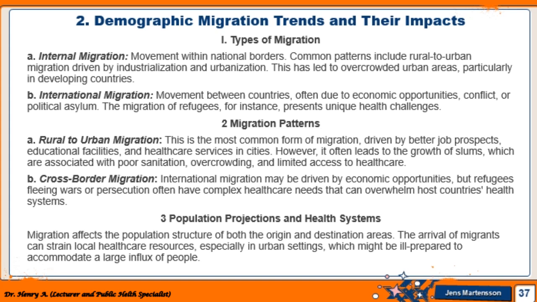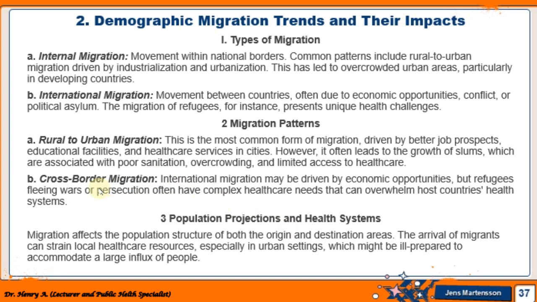So, in making a population projection and health system, you have to look at the impact of population structure. So, you have to look at the healthcare system, how strenuous will it become, of the pressure that will be mounted following the increase population that is coming in. So it's important that that is considered, because it will have a long impact on it.